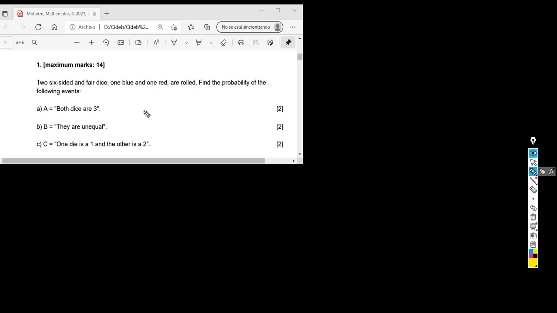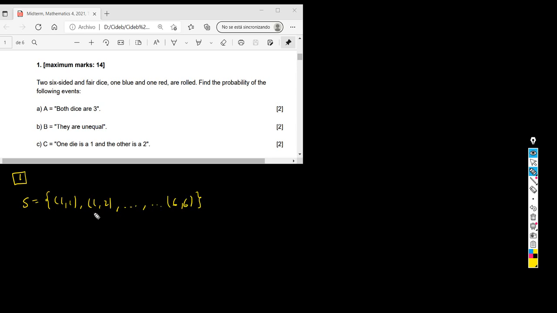Well, fairly simple. Let me write down problem number one. What we do is we find the sample space for this particular experiment, which, as we know by now, is all of these outcomes: 1,1, 1,2, 1,3, 2,1, 2,2, 2,3, 2,4, etc., until 6,6.